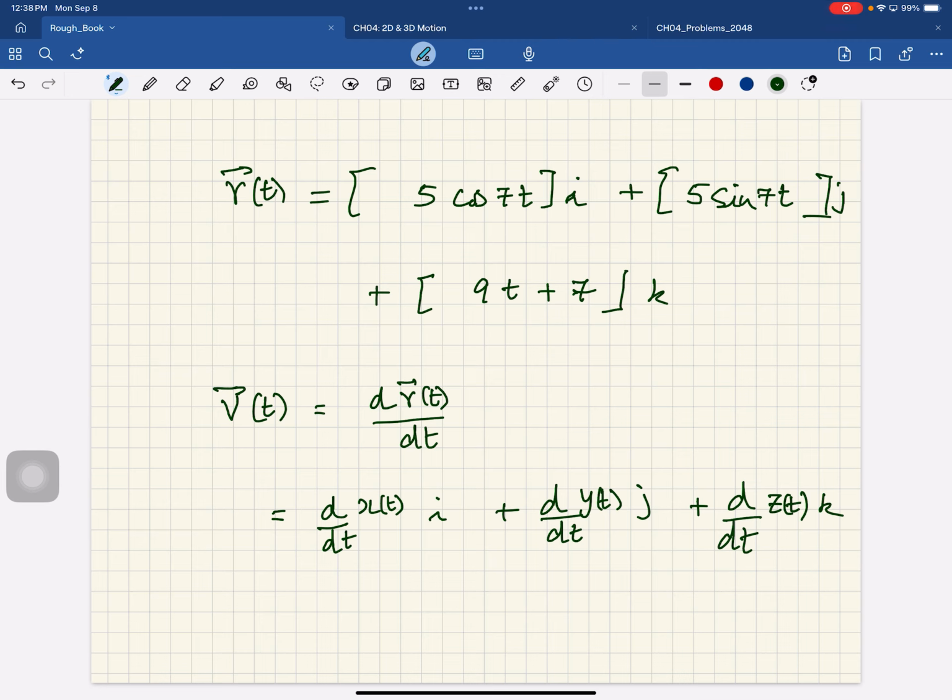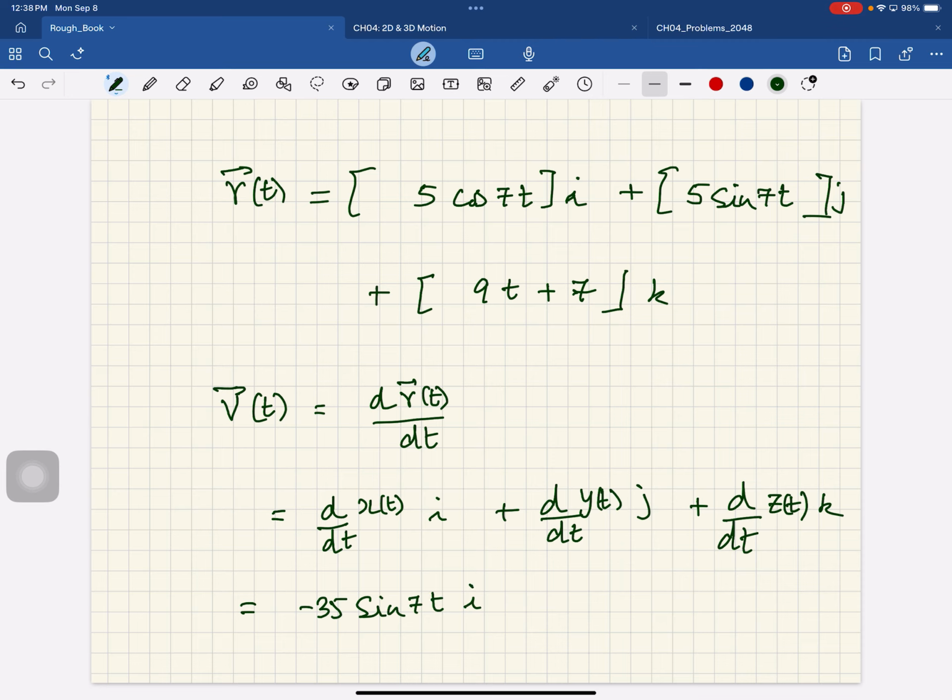All right, you guys understanding this? So what is the time derivative of this? Very good. The derivative of cosine is negative sine, and you get a 7 from here, so it's negative 35 sine 7t i.